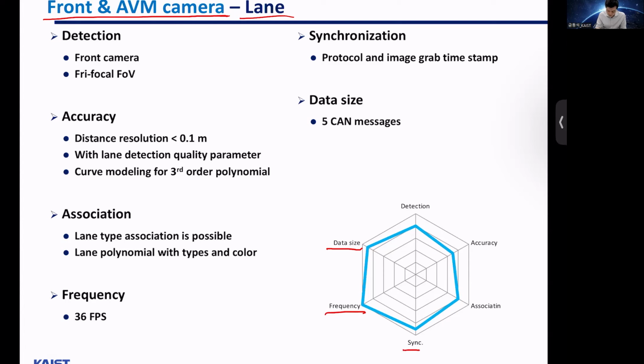Synchronization is our problem, good association, and so forth. So lane is going to be essential, I would say, among the information we should use for localization.